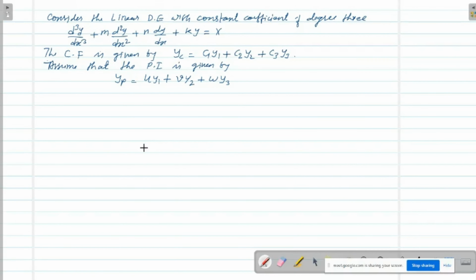Now we have to determine the functions u, v and w.